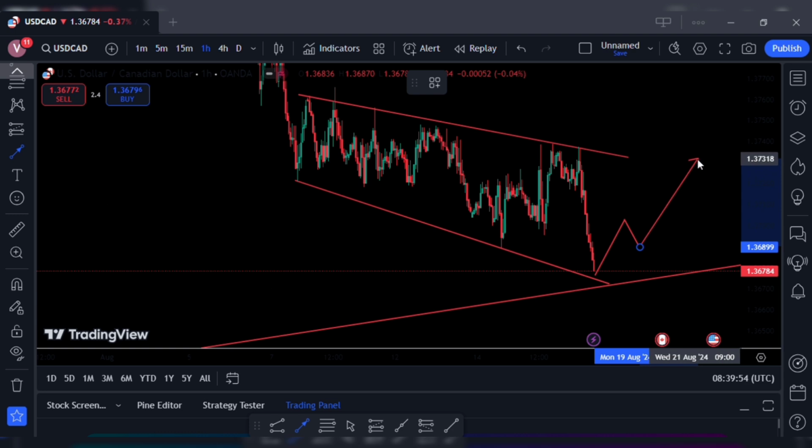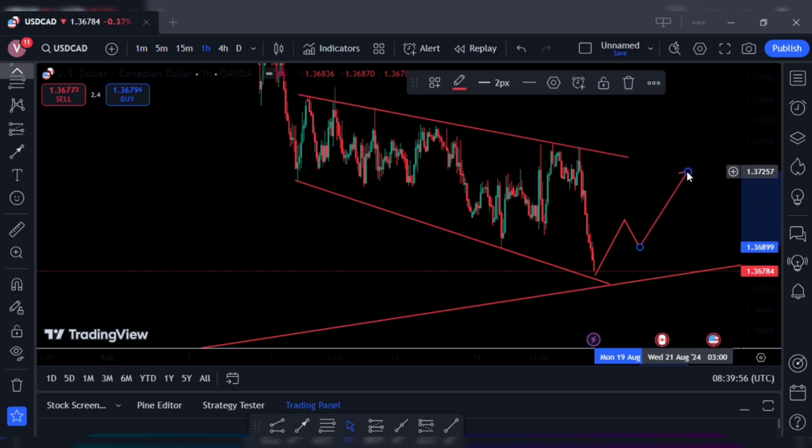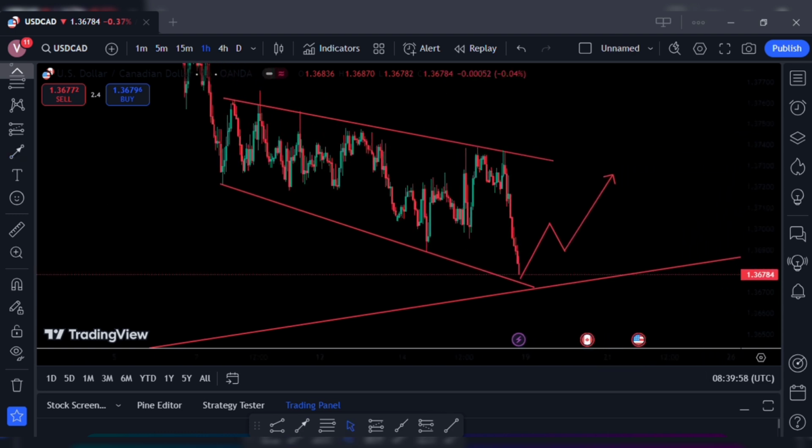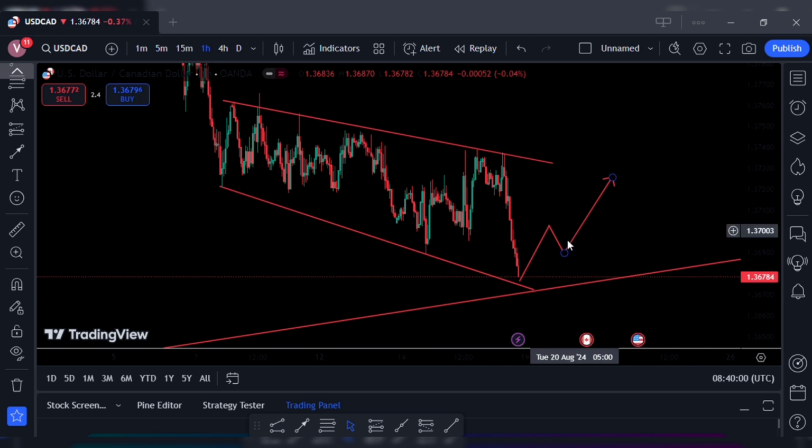If we have something like this, yes, I can take my buy from somewhere here. You understand? But at this point, I'm not going to take my buy, because the signal that the market is giving me is so tricky. You understand? So confusing and so tricky.